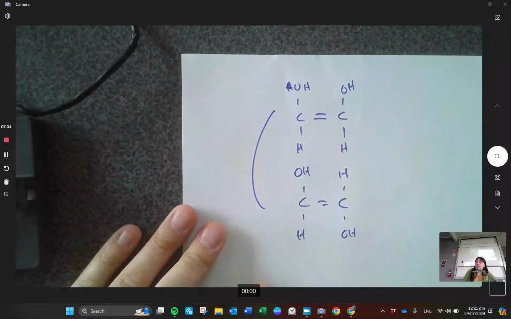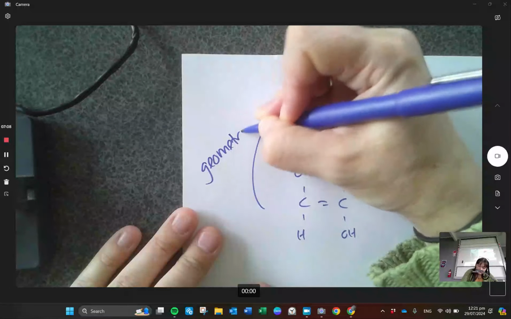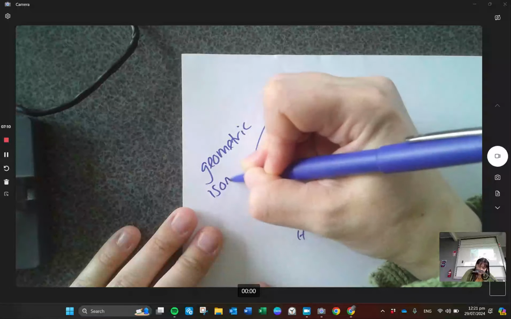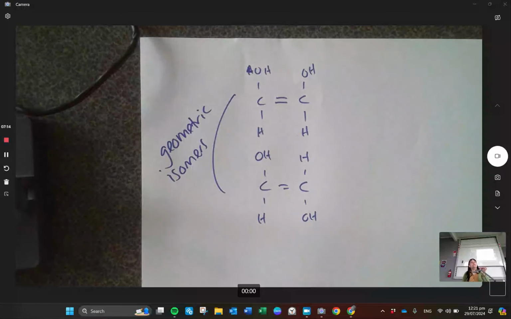So these are what we refer to as geometric isomers. Both of these two have the exact same bonding pattern in the sense that the double bond is in the same place, the OHs are in the same place. Yeah? But the arrangement in space is different, so that's why we call them geometric.